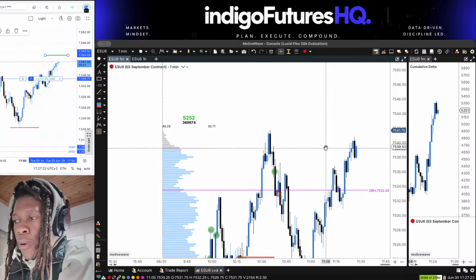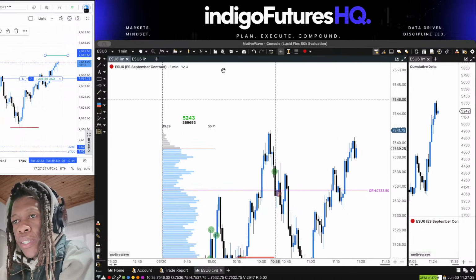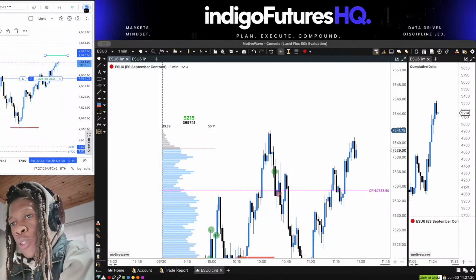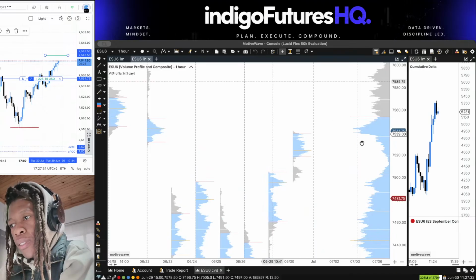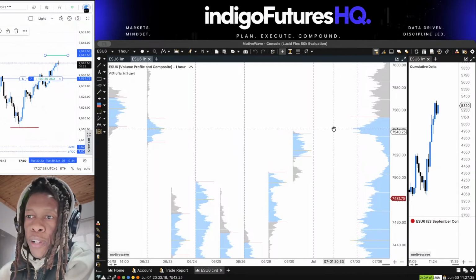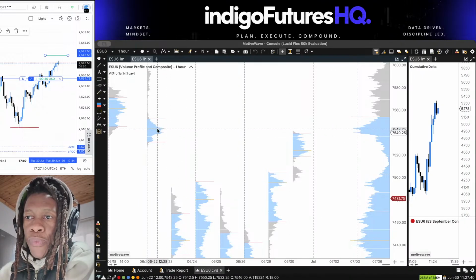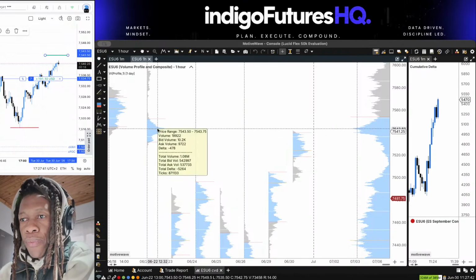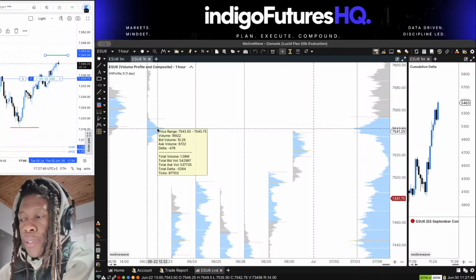Here's that high volume node also at 543.50. This is the high volume node I was talking about from the composite, right here, 543.50, which is a naked point of control, if you're looking at this volume profile over here.